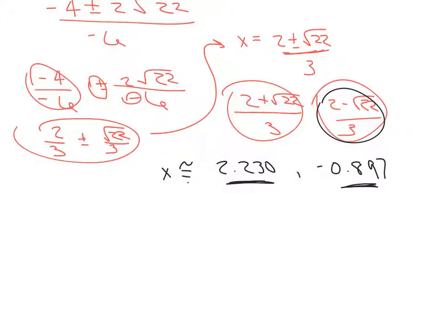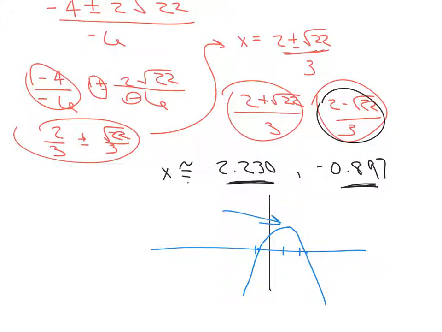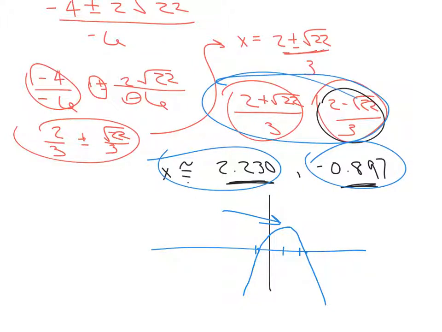So if you wanted to graph that point, then you've got your 2.3-ish and a little less than 1 here, and you just kind of go from there. And because our A was negative, we know it's going to go something like that. We don't know the vertex at this point. So anyway, if you're going to graph it, change it to decimals. If you're not, I prefer leaving it like this because that's more exact.